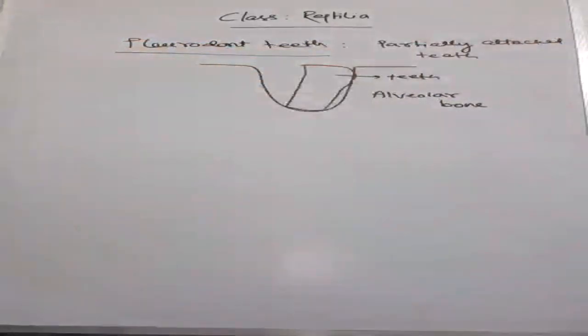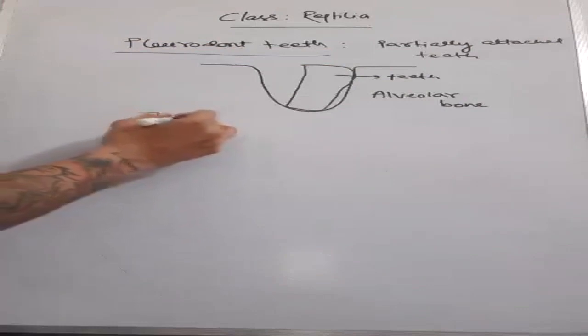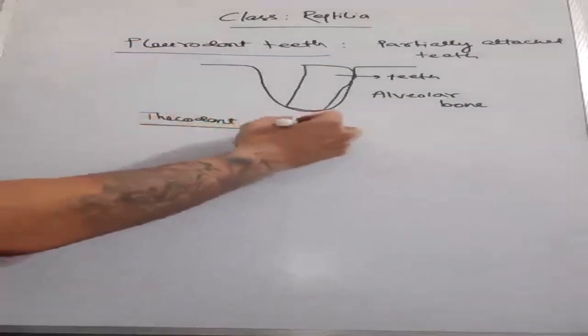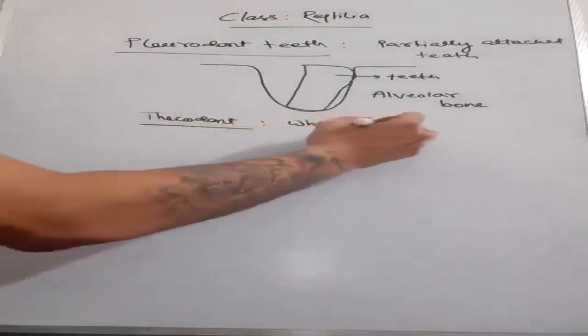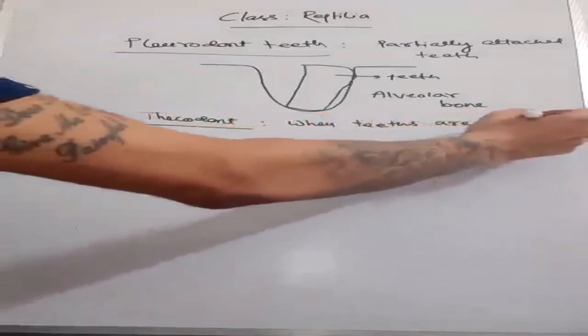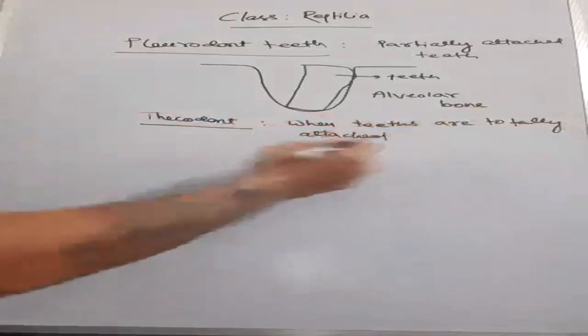And what do you mean by thecodont? When it is properly attached, thecodont teeth. Thecodont teeth means the teeth are totally attached in the alveolar bone, like this.